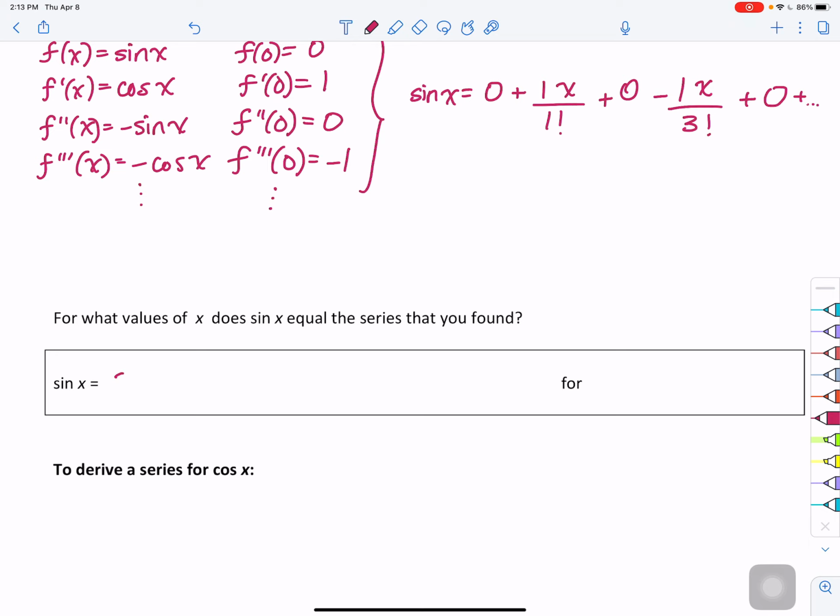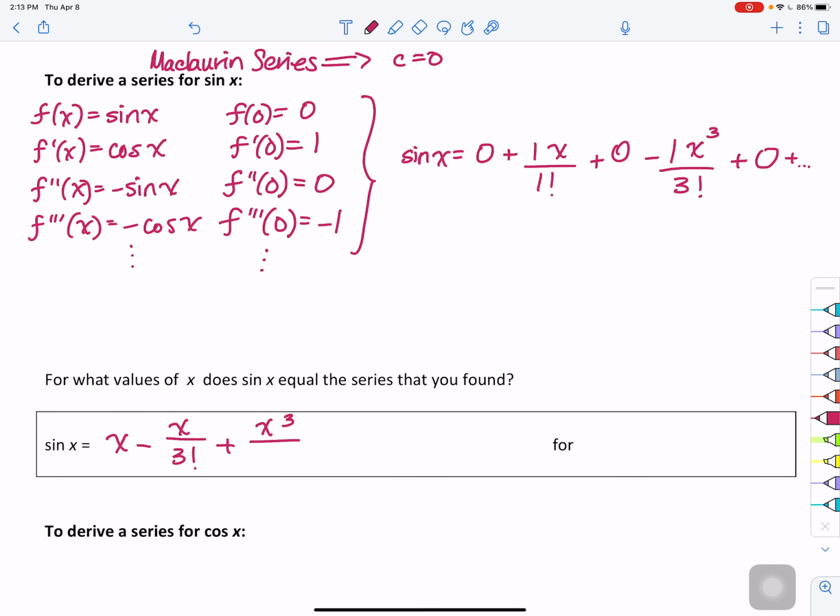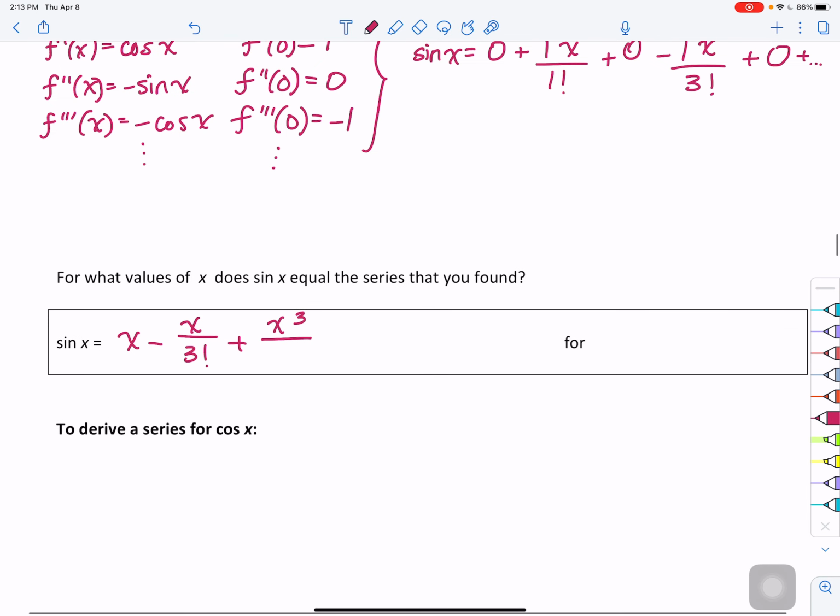It's just going to be x minus x cubed over 3 factorial, and you guessed it, plus x to the 5th over 5 factorial minus x to the 7th over 7 factorial plus dot, dot, dot, plus. Now let's take a look at this.